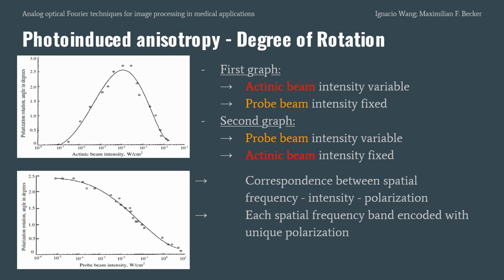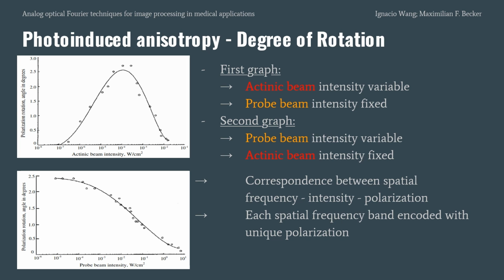So, to get back to the second graph, on the left, the high rotation is at low intensity, so high spatial frequencies. And the degree of rotation is low for high intensities, so low spatial frequencies.